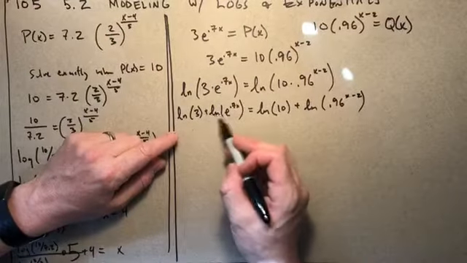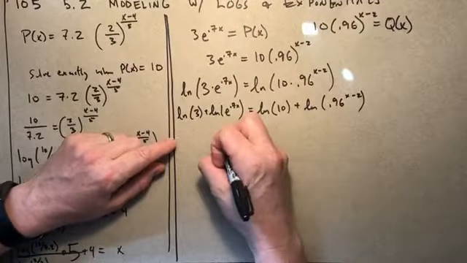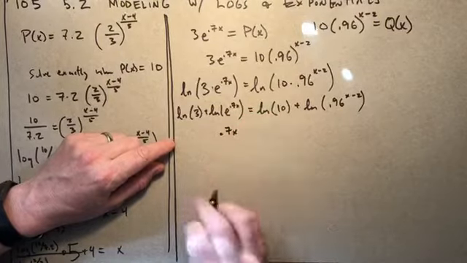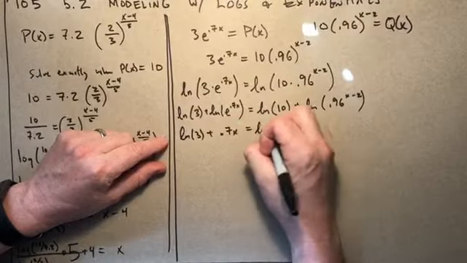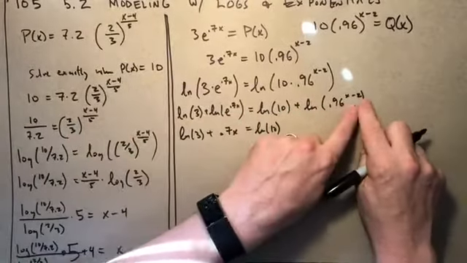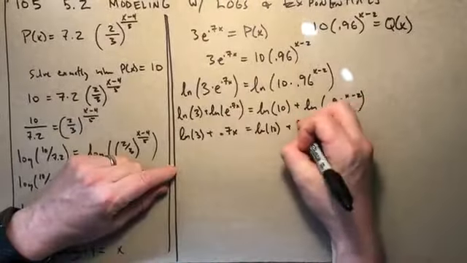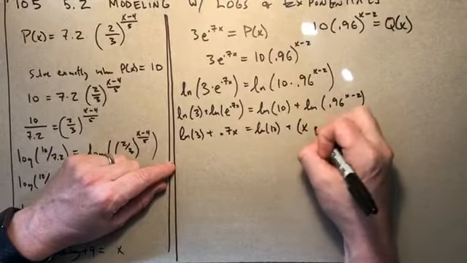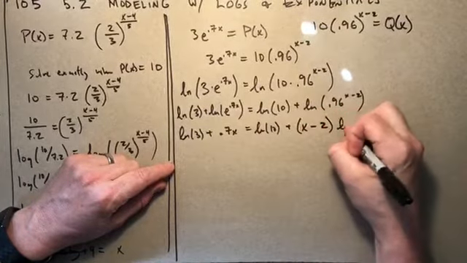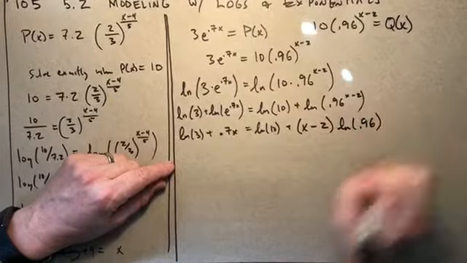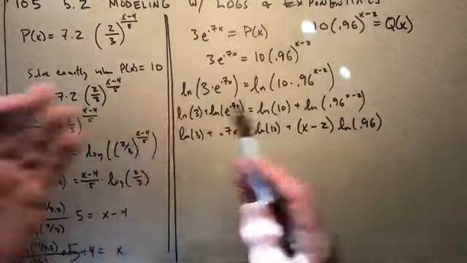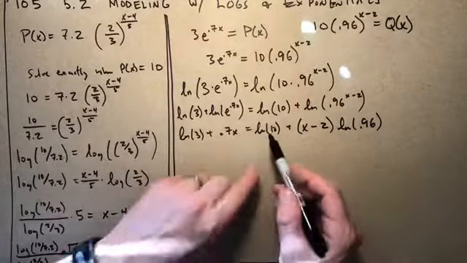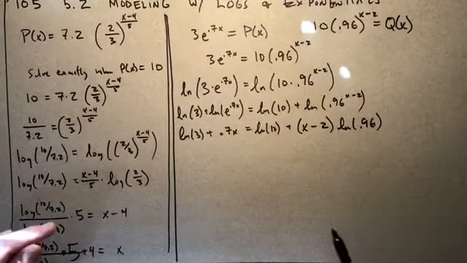At this point, we can see that the exponents come down, and I'll have 0.7x, natural log of 3, the natural log of 10, and I can bring this x minus 2 down as our linear function. So we can see that we're going to start thinking about getting all the constants on one side and the x's on the other. Let's subtract natural log of 10.